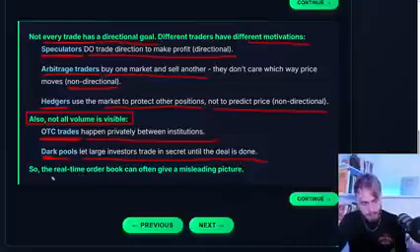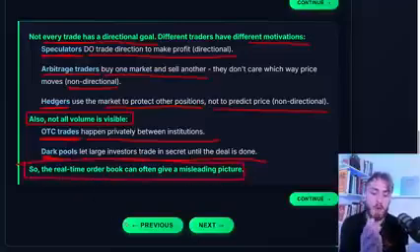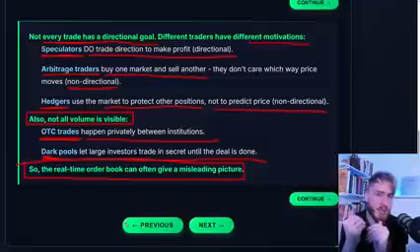But overall, what you need to learn from all of this is that real-time order books can often give a misleading picture. But now the question, of course, becomes: if this can be misleading, what can we as traders do to get a more accurate picture of the order flow?